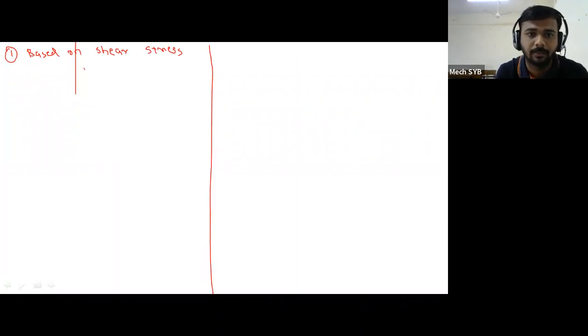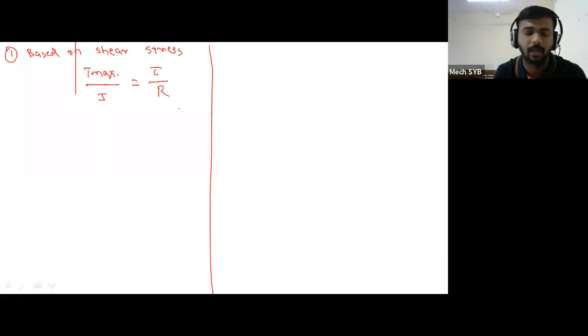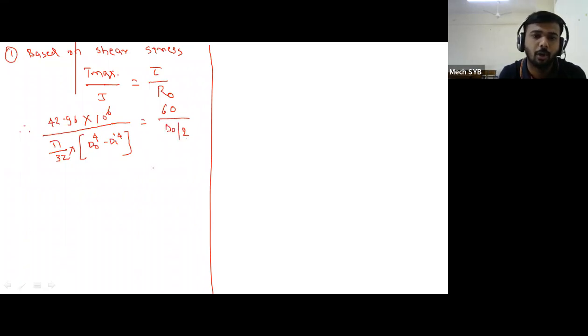So take our formula, Tmax upon J is equal to tau upon R. Now the Tmax value 42.96 into 10 raised to 6 divided by J. This is the hollow shaft, therefore pi by 32 in square bracket Do raised to 4 minus Di raised to 4 square bracket complete is equal to tau. The tau value is given, 60, divided by Ro. This is the Ro, meaning Do divided by 2, because this is the hollow shaft.